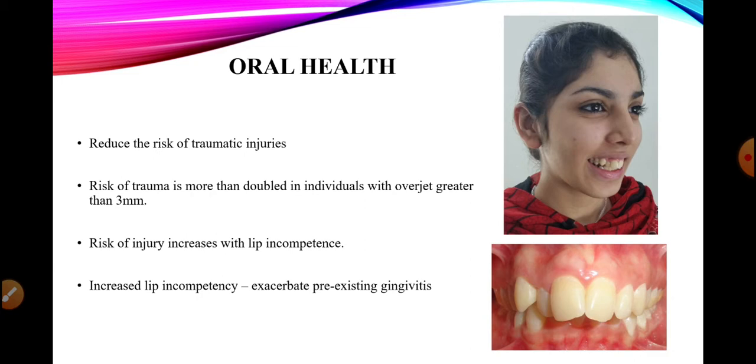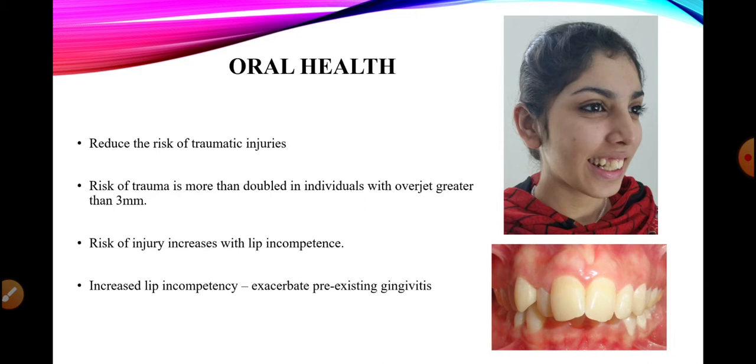Secondly, what we need to consider is the oral health of the patient. So usually in class 2 division 1 malocclusions, as we talked about, the upper incisors are proclined and there is an increase in overjet. Therefore, there is a high risk of traumatic injuries to these proclined teeth.